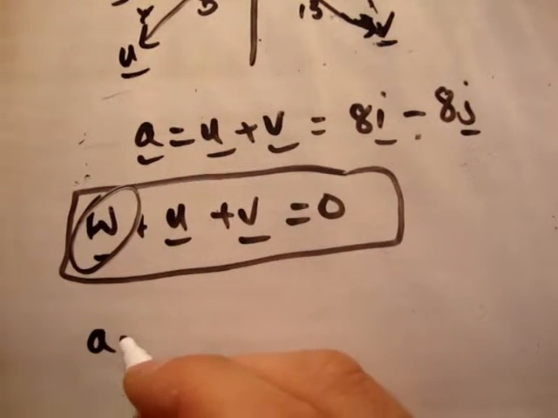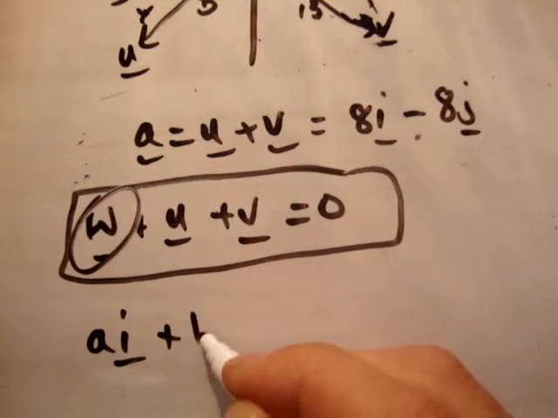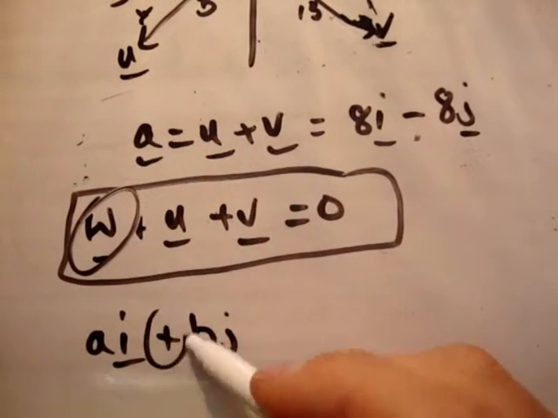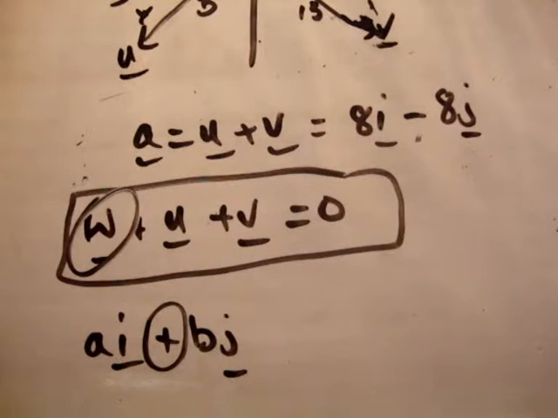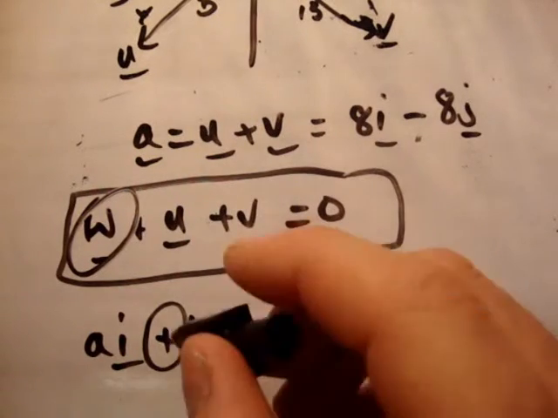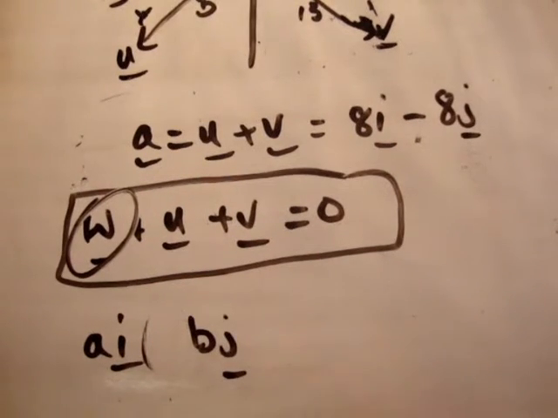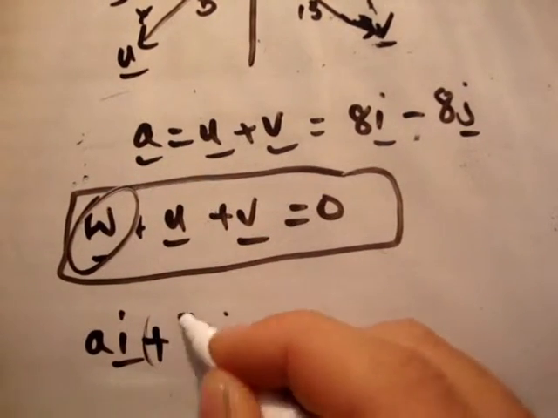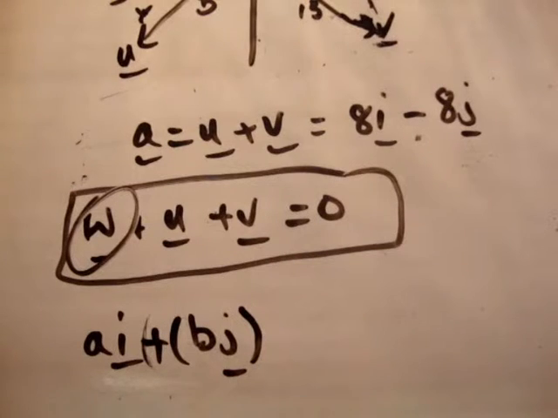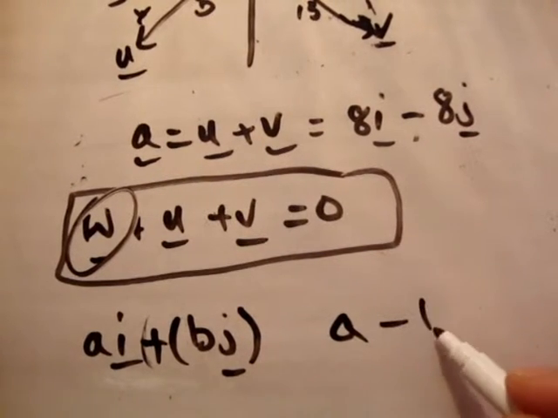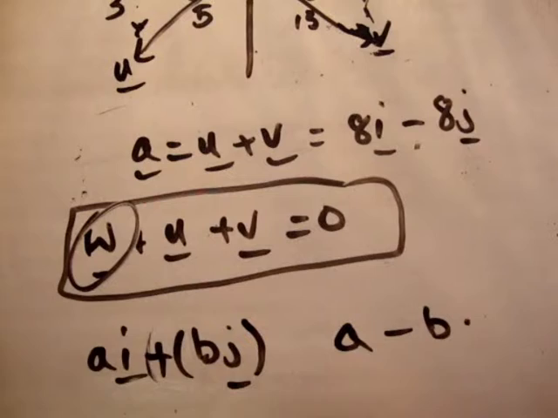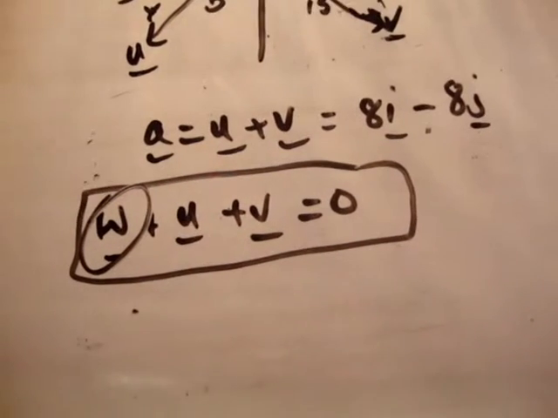I'm going to call them a i hat plus b j hat. Now the thing is, this sign really doesn't matter. If it turns out to be negative, then b will be like minus 5 or something. So it doesn't really matter. You could actually look at it as follows: plus like this. So if b is negative, well then it might just turn into a minus b. So I wouldn't worry about the signs provided you do the brackets like I've done there.